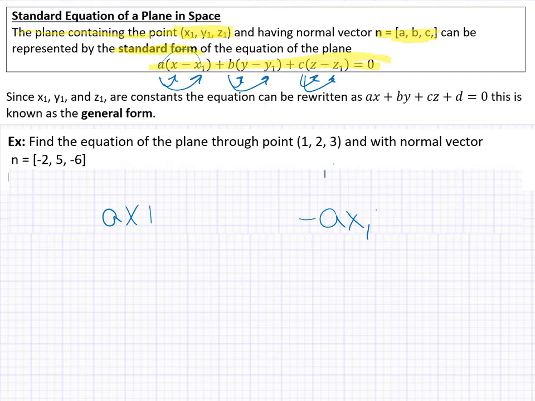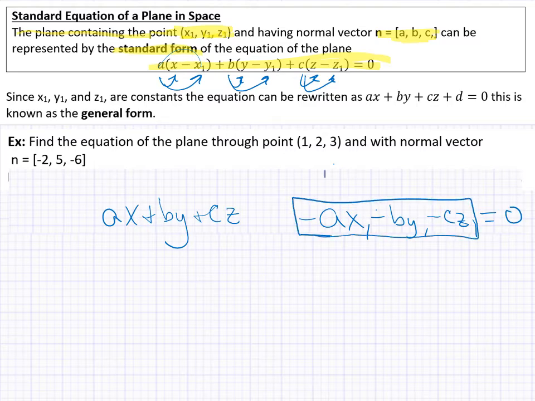B times y, okay. But b times y1, again, is a constant. And c times z, and c times z1 is a constant. Okay, equals 0. Well, if these are all constants, then I can just call this one big constant, say d.